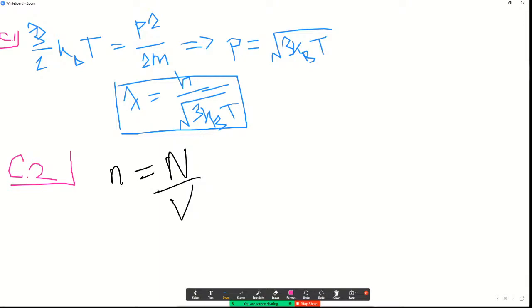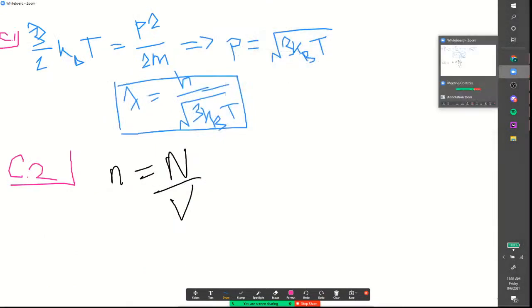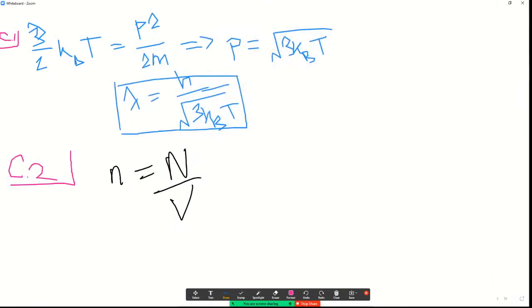If you say typical distance is d, then, oh no, I don't know actually. I have no idea what typical distance is mentioned here.